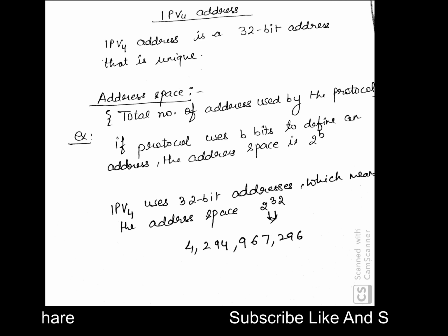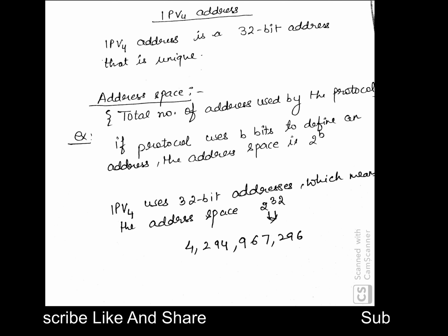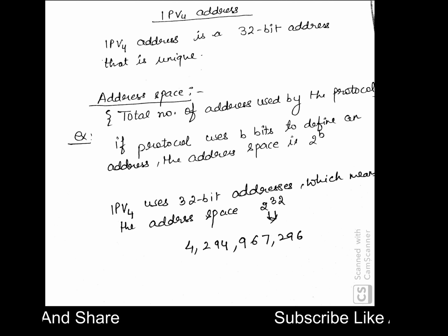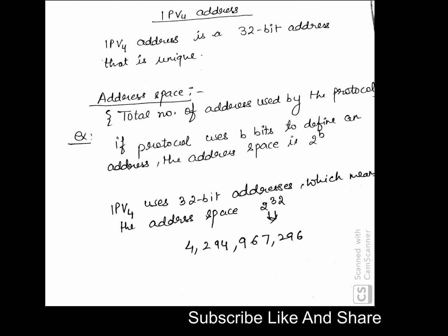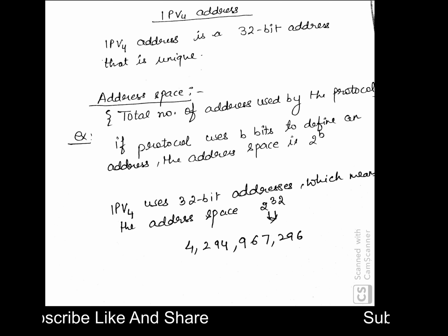If we want to connect two networks to the internet, it has two IPv4 addresses, and suppose there are n networks, then we use n IPv4 addresses. And always the IPv4 address is represented by 2 to the power 32 addresses.